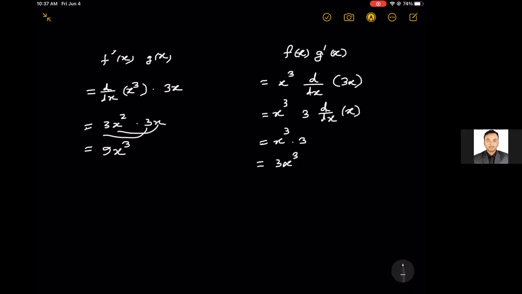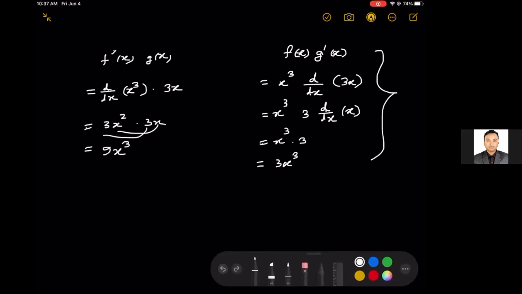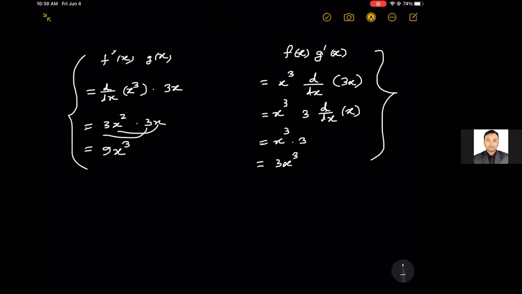Do you agree? Before we go any further, do you agree to this calculation? Is there anything you want me to explain? Anyone? There's a mistake in the solution, I think. The x raised to the power 3, when you differentiate it, should be 3x squared. You write 3x cubed.